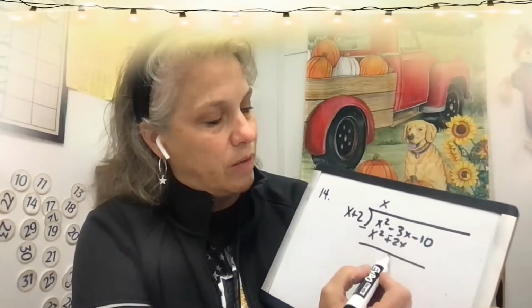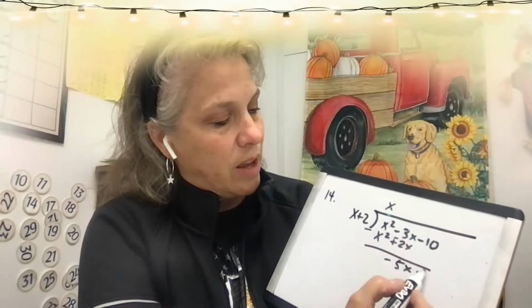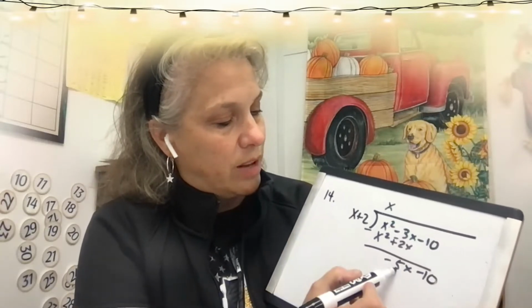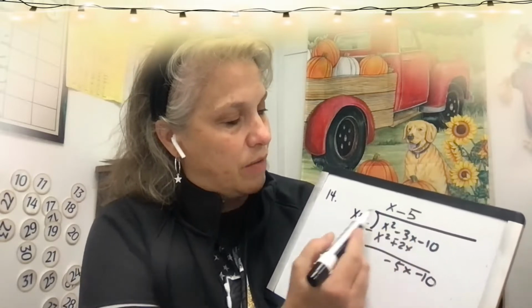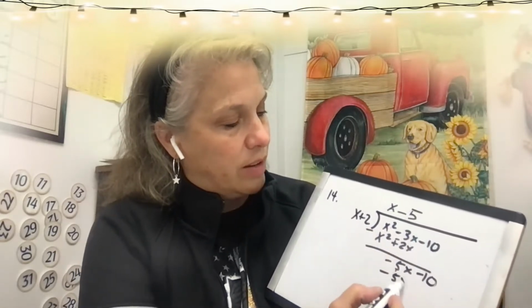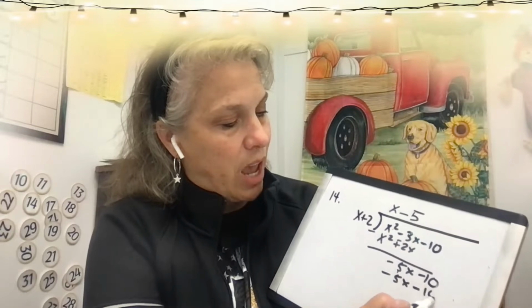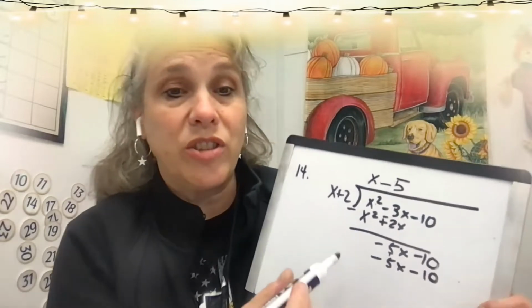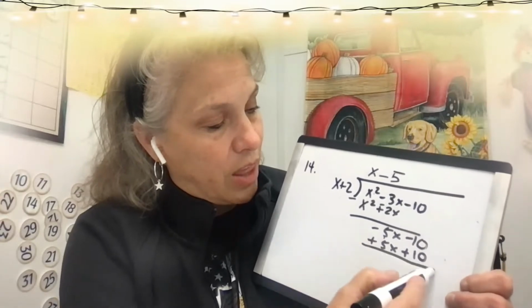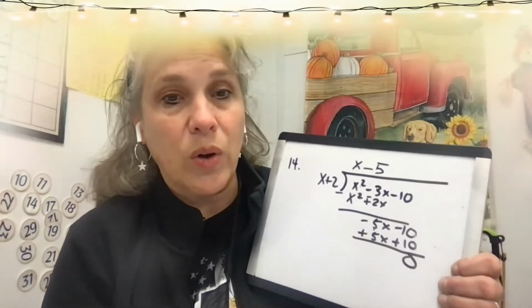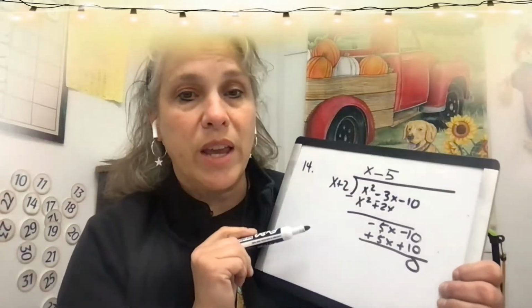Negative 3 plus negative 2 is negative 5x minus 10. What times x is negative 5x? It's going to be negative 5. Negative 5x minus 10. Okay, and now when I change the signs on that next row, I put them together and I get 0. So x minus 5 is my answer.